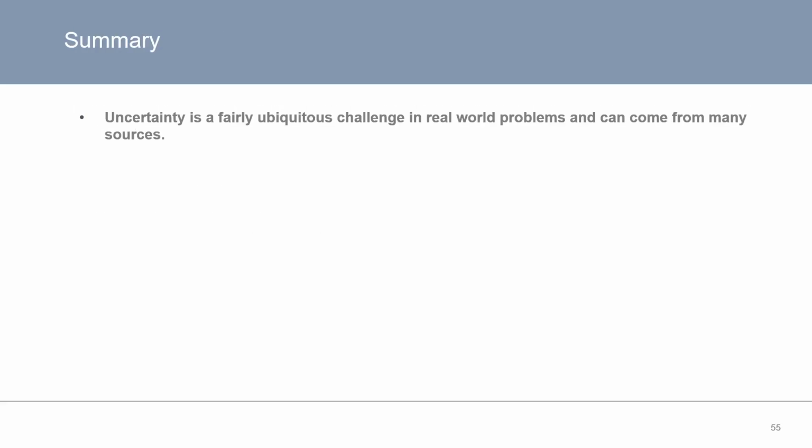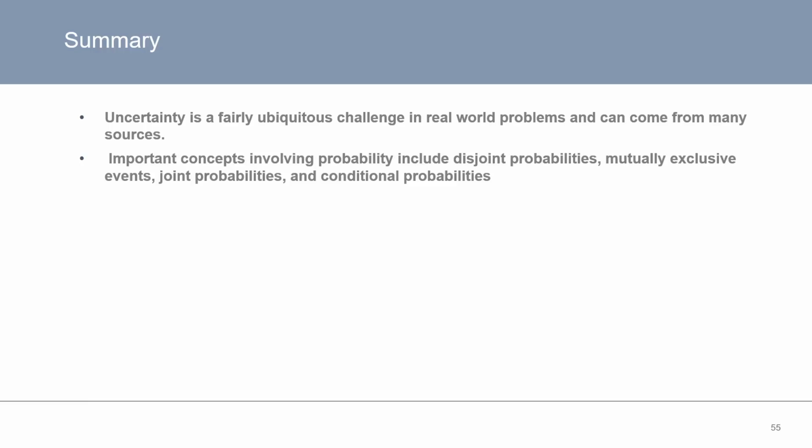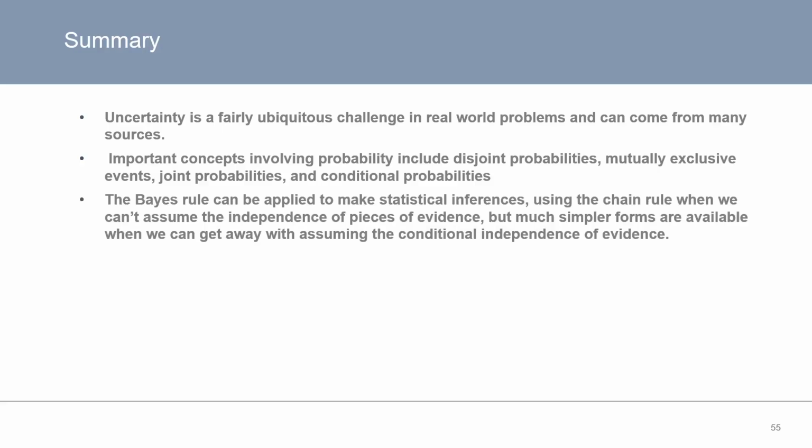To summarize this lecture, uncertainty is a fairly ubiquitous challenge in real-world problems and can come from many sources. Important concepts involving probability include disjoint probabilities, mutually exclusive events, joint probabilities, and conditional probabilities. The Bayes rule can be applied to make statistical inferences using the chain rule when we can't assume the independence of pieces of evidence, but also much simpler forms are available that we can get away with when assuming the conditional independence of evidence.